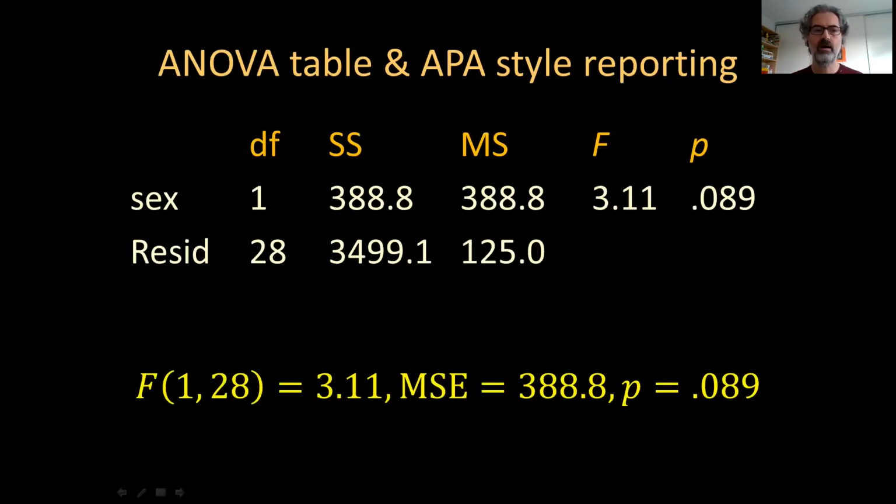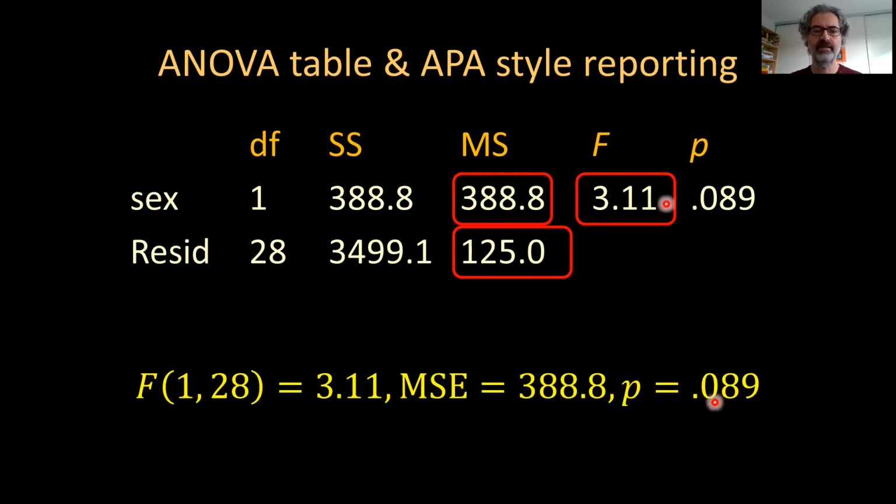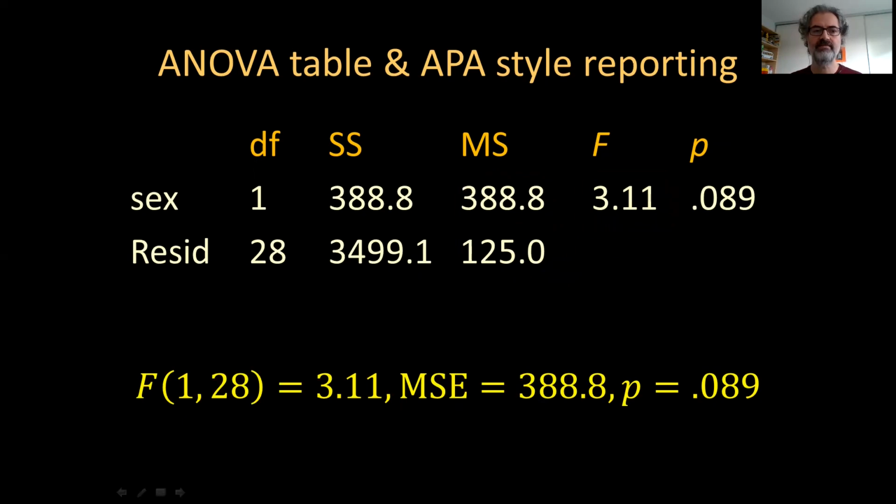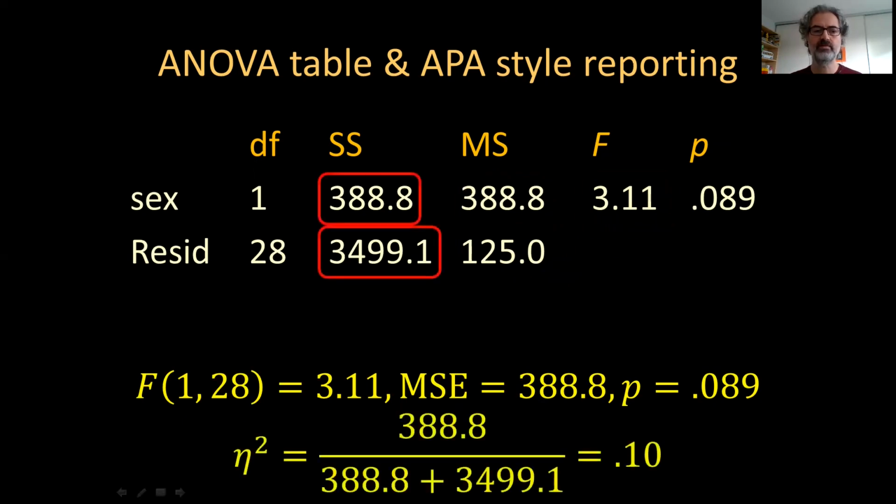If we go back to our ANOVA table, we see that dividing this number by this number gives us the F value for the statistical hypothesis testing, indicated here. This is the F part, but the effect size is given directly by the sum of squares. Remember that this plus this is the total sum of squares.